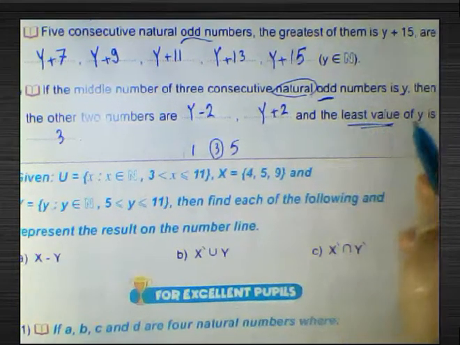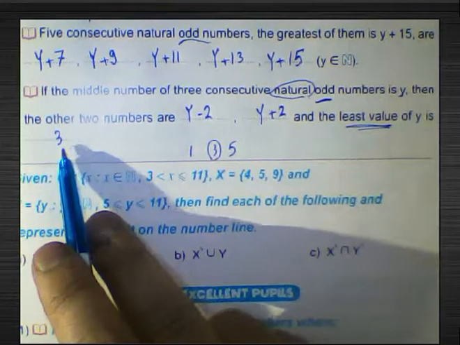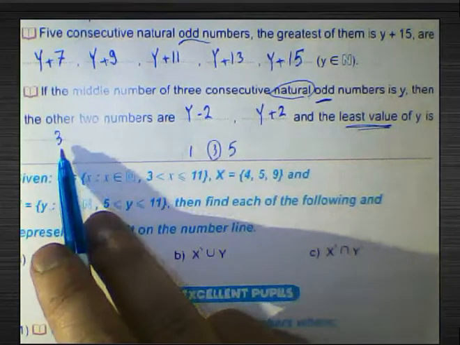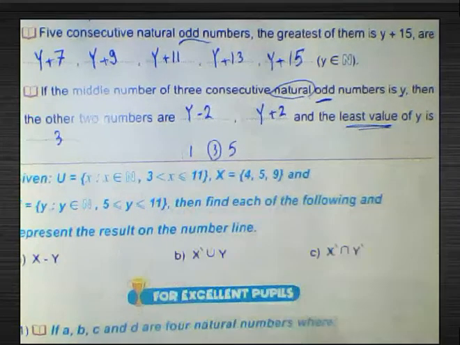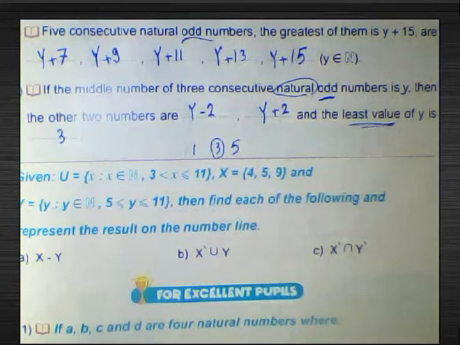So the least value of y is 3, because we can subtract 2 from 3, but not from 1. Is it clear?